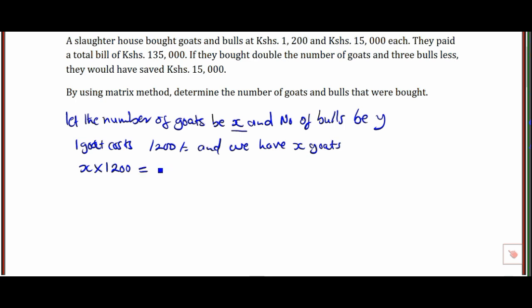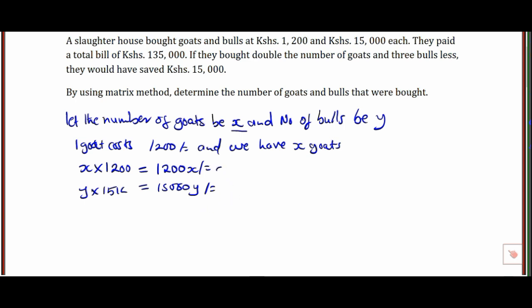So this becomes 1,200x shillings, and we do the same also. You take 15,000 times y, so y times 15k, that will give you 15,000y shillings.